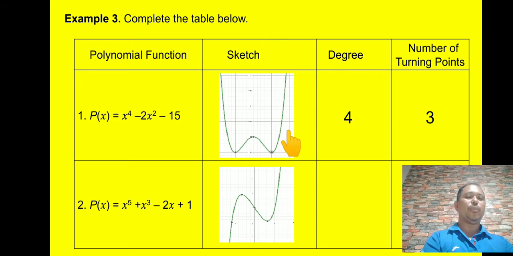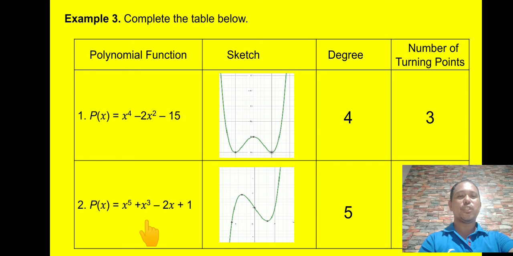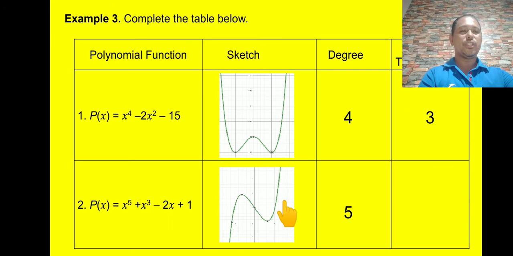For number 2, we have exponent 5, and the turning points are 1, 2. Now, do not count that point here, but the turning of the curve, 1, 2. So the answer is 2. That is very simple for number 3. I think it is very, very clear.